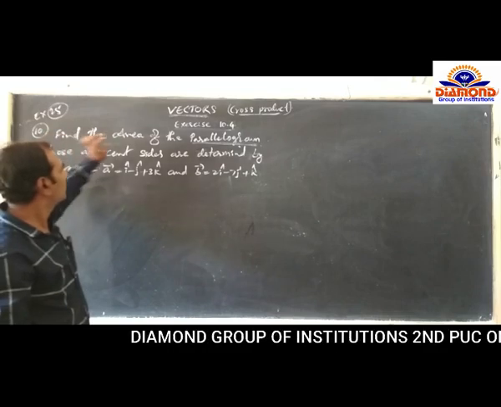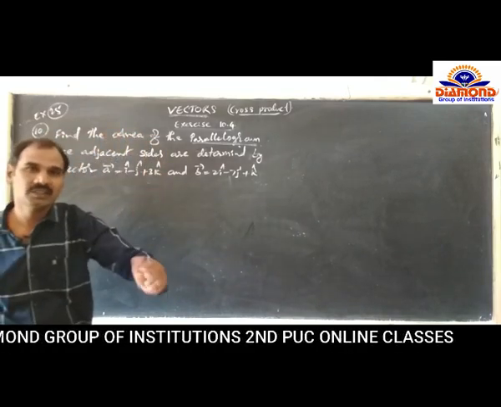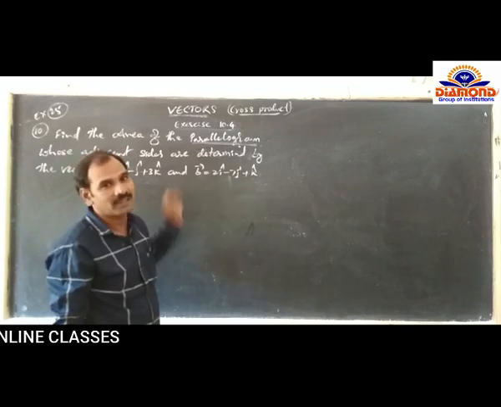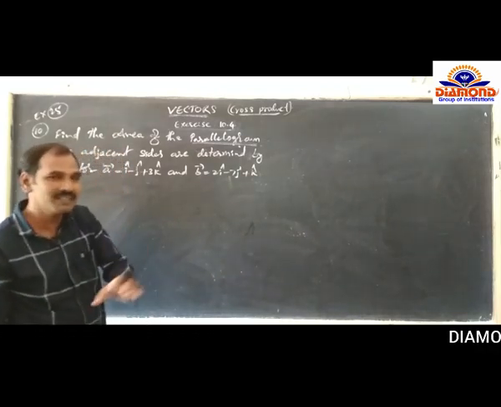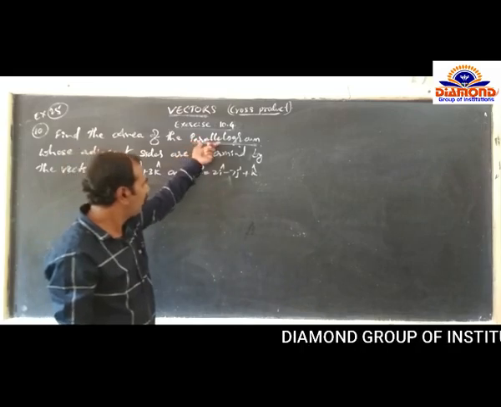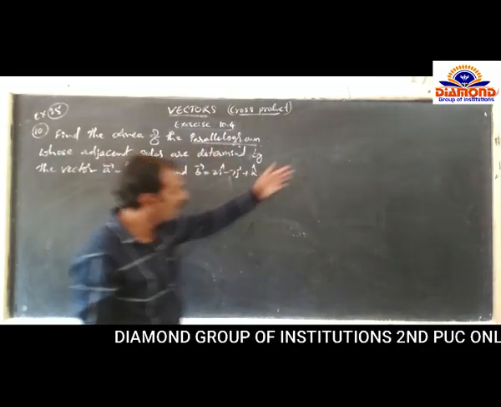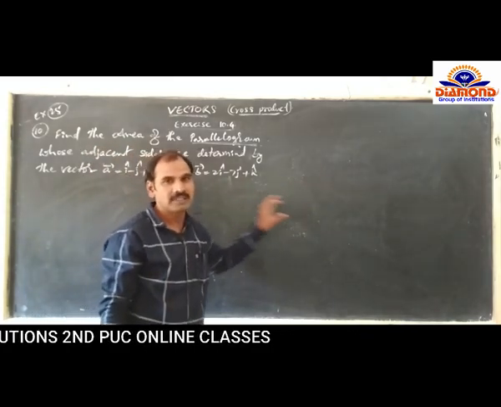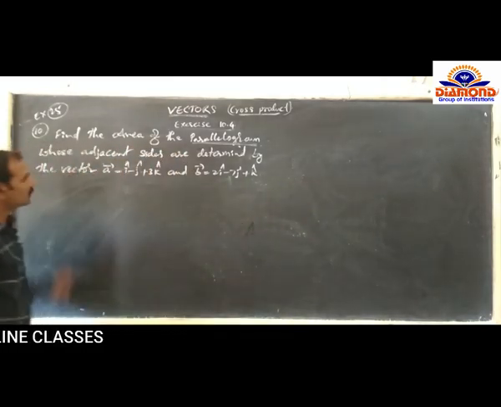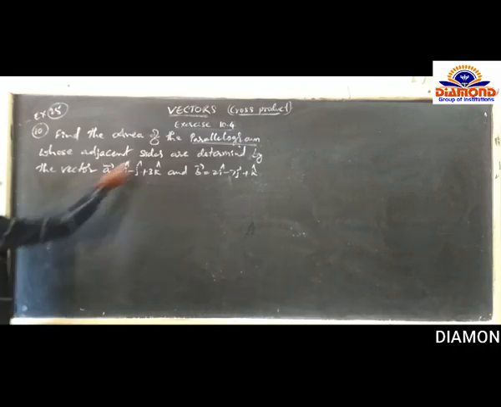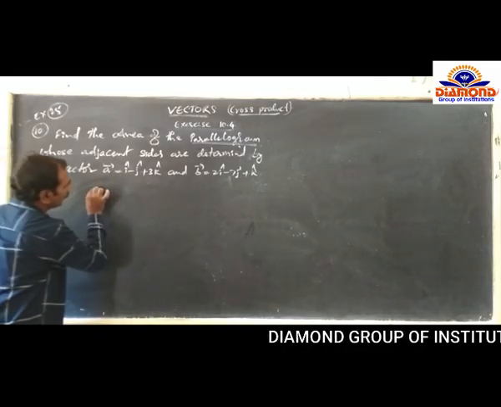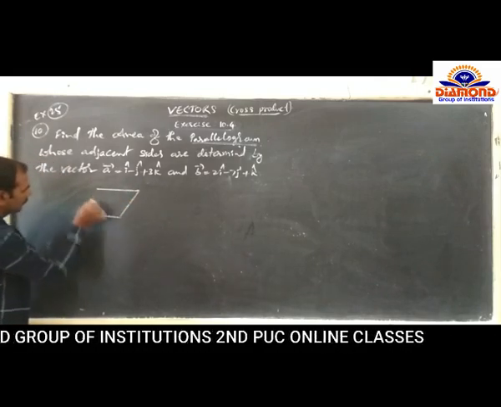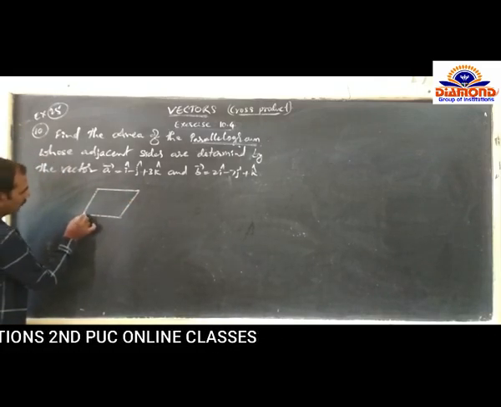Just before class we calculated the area of the triangle. What is the relation between the area of the parallelogram and the area of the triangle? Just listen carefully. First of all, this parallelogram is a diagram like this.